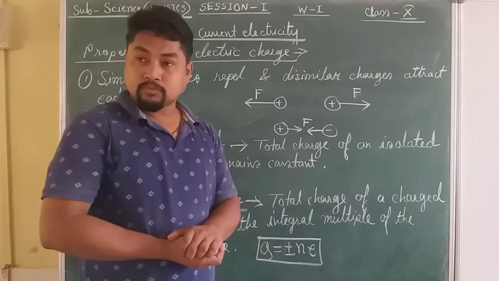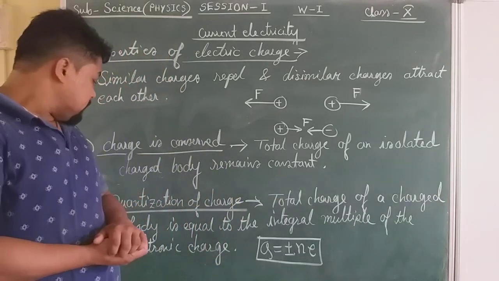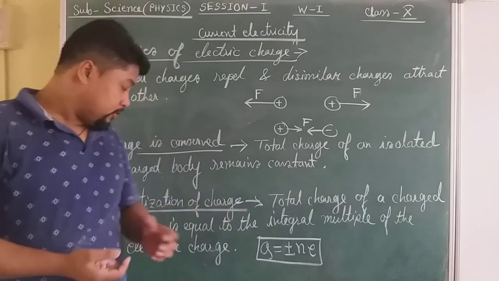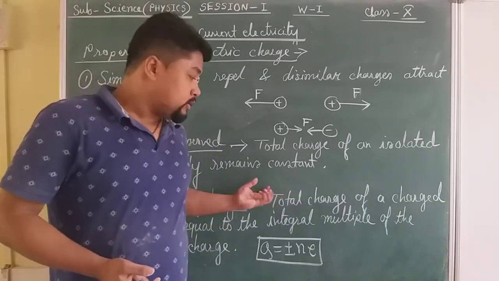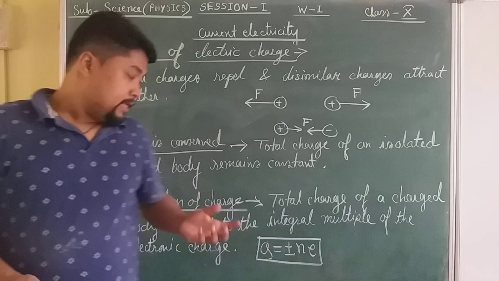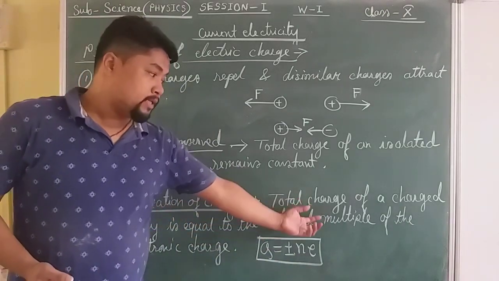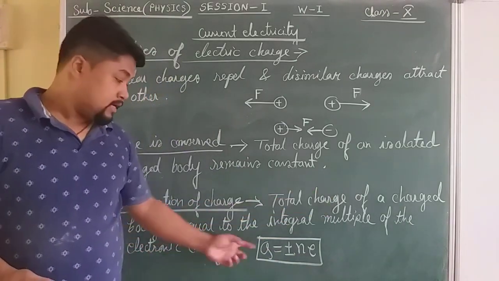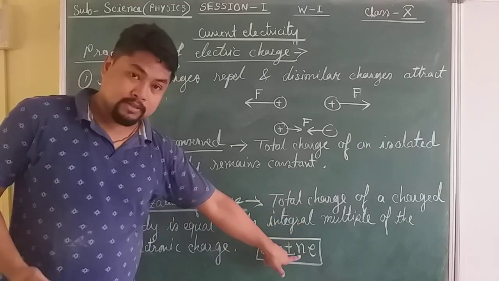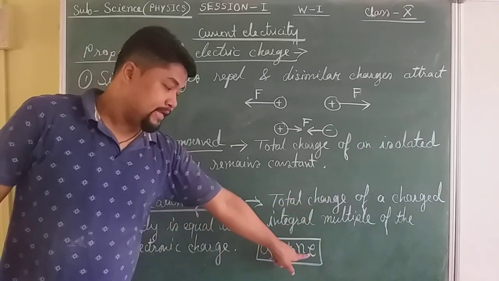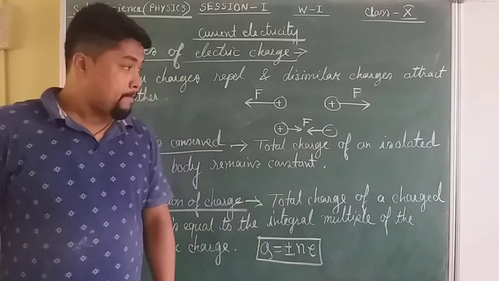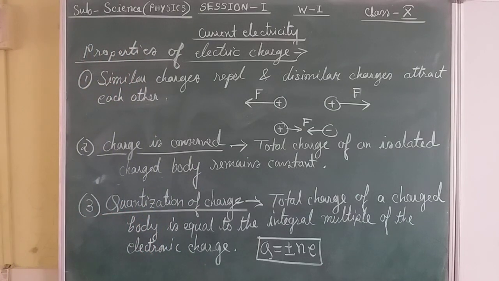So the statement of quantization of charge is: the total charge of a charged body is equal to the integral multiple n of the electronic charge e. So these are the properties of electrically charged particles.